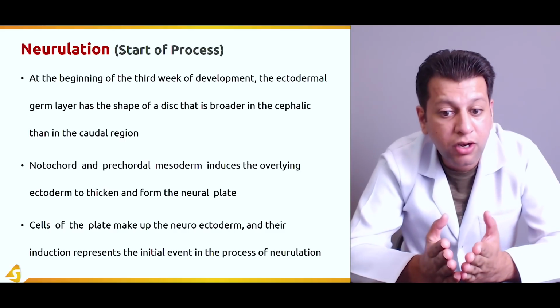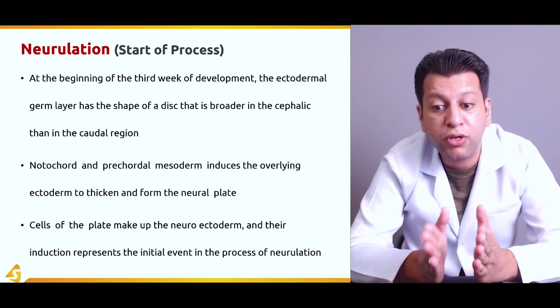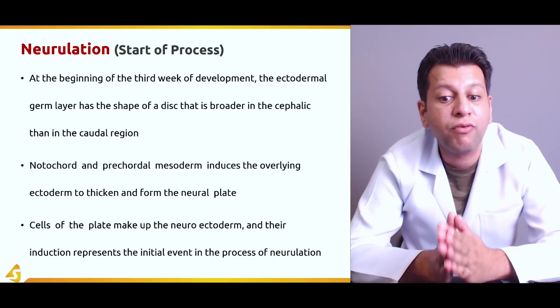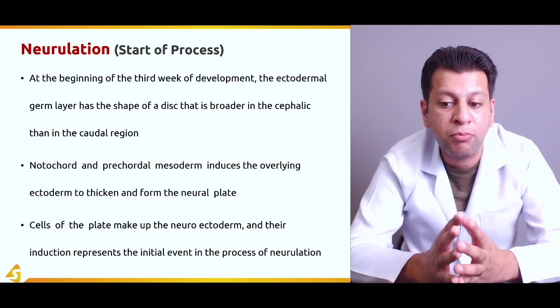So what we know up till now is that the notochord and precordal mesoderm induce the overlying ectoderm to thicken and form a neural plate.